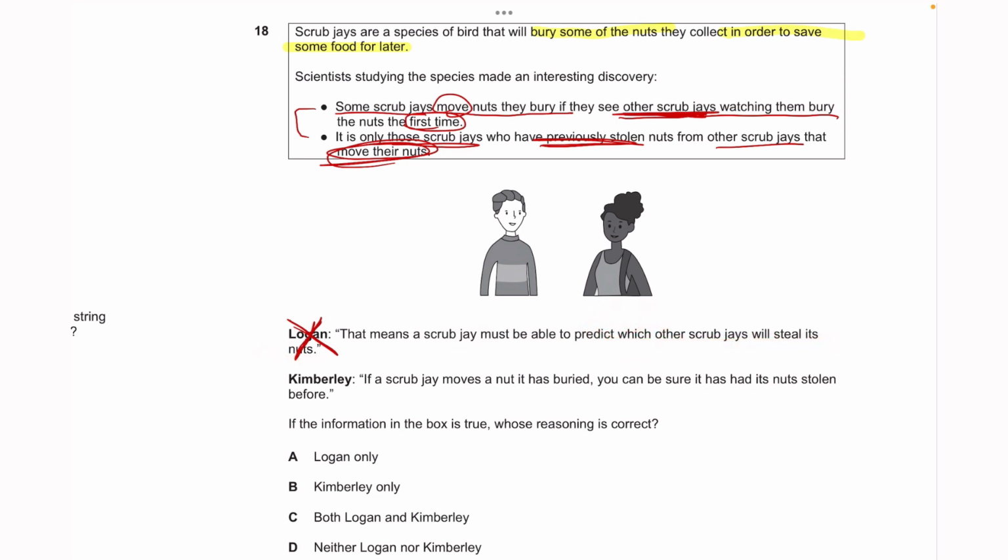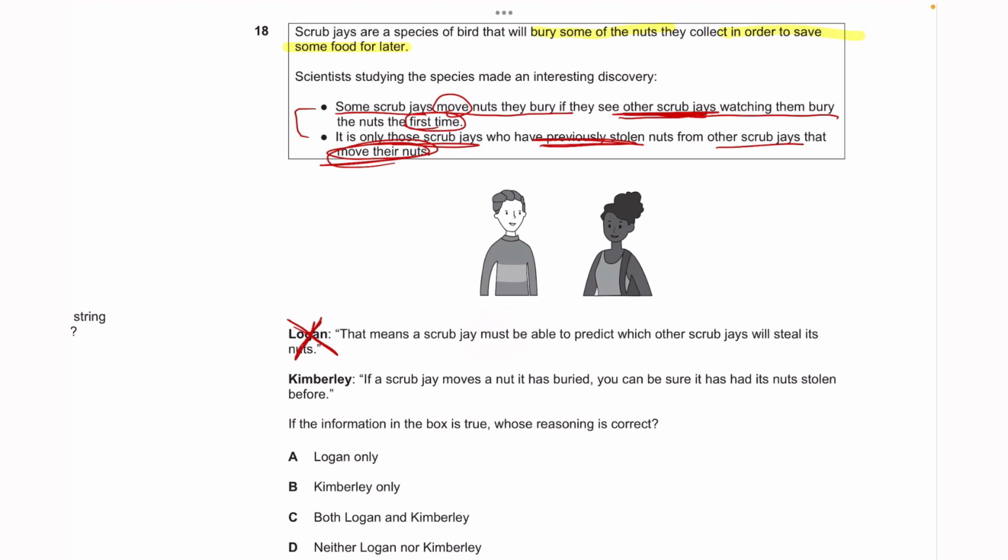Because what if the scrub jay that's watching them doesn't actually steal them? They're just watching them for the sake of it. We don't actually know for sure. So that's not a really guaranteed answer. And the key thing here was must. They may be able to predict, but we're not 100% sure of that. And so Logan's reasoning is incorrect.